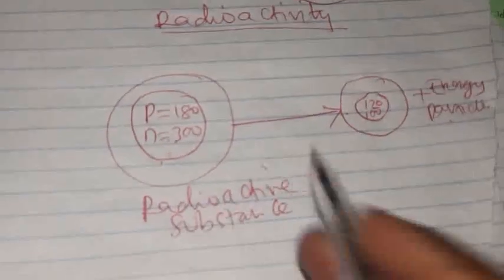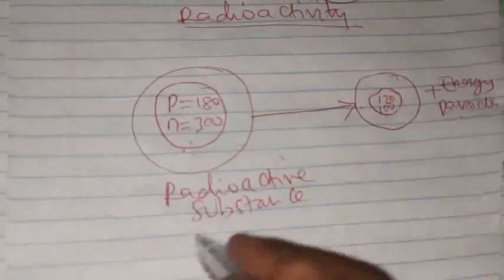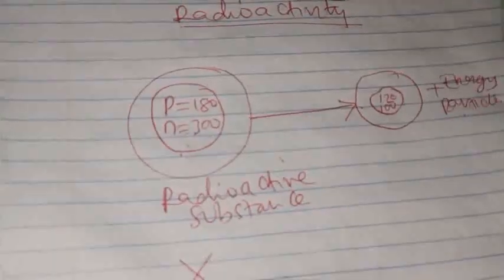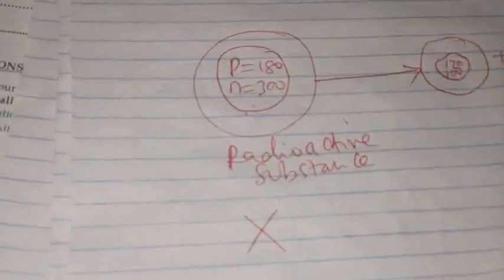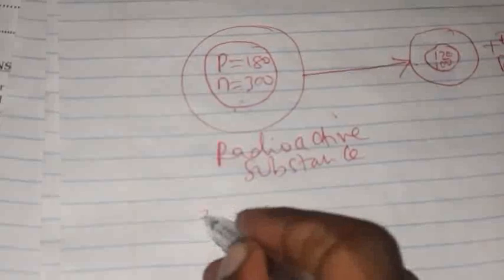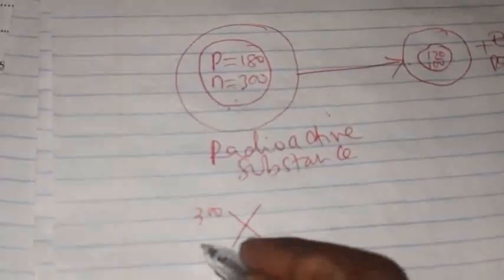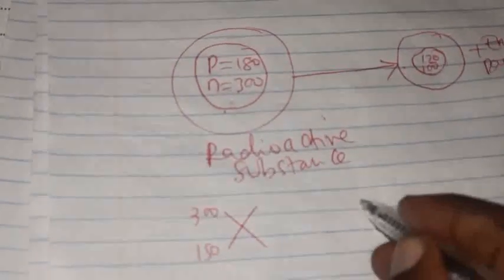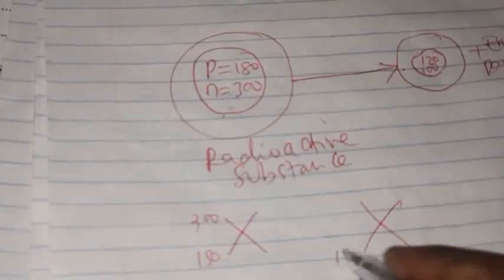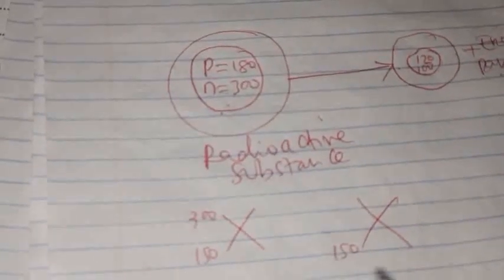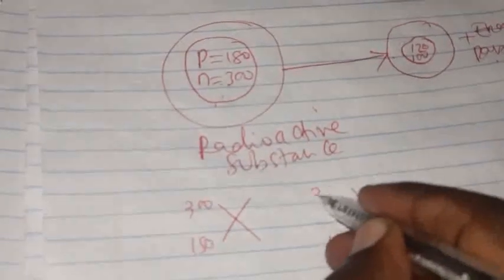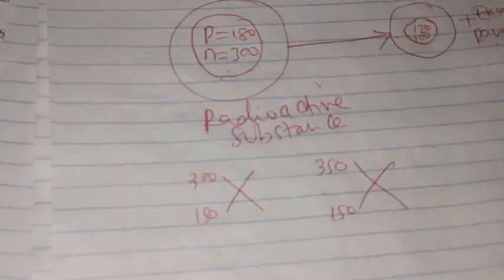We have previously said that sometimes you can find an atom X with maybe mass number of 300, atomic number of 150, and another one with 150 as still the atomic number, and maybe 350 as the mass number.